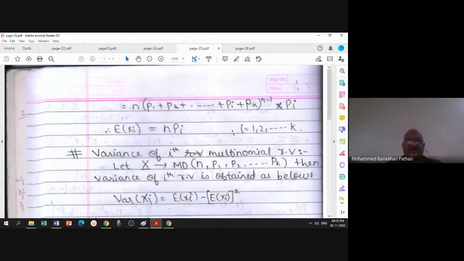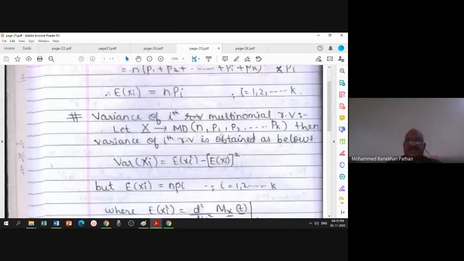So for the ith variable, it is n Pi. I think everybody understands this. If I want to study a particular variable, it is a binomial, and the mean of a particular variable of a multinomial is n into Pi.